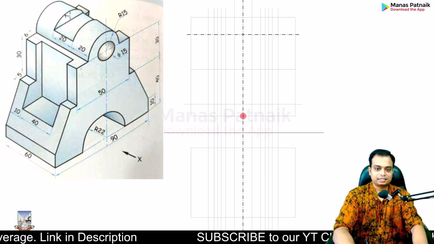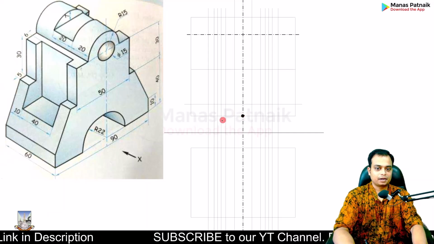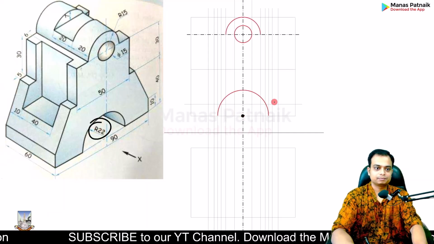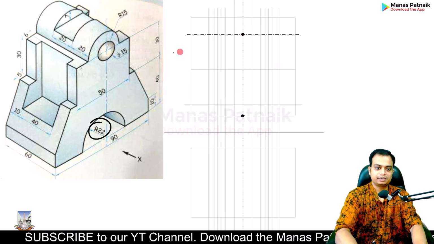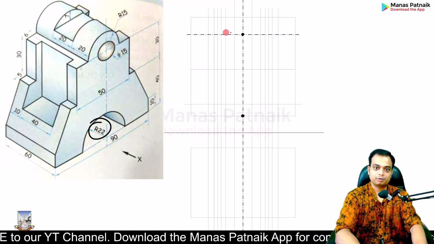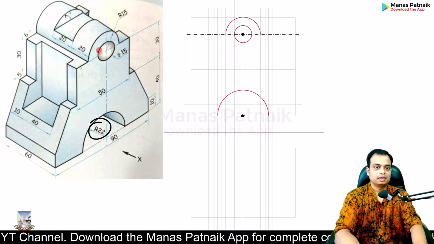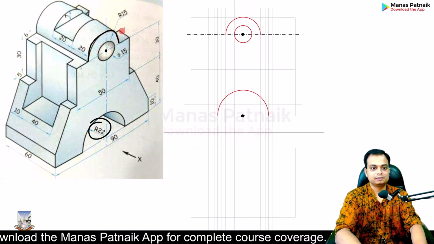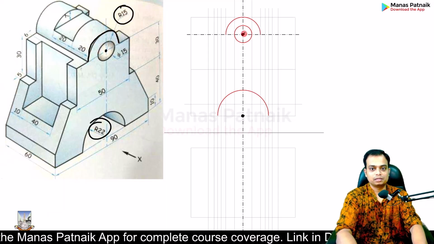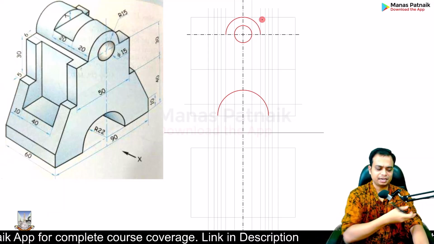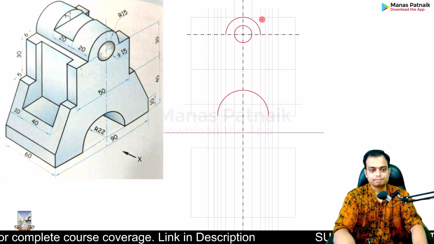This is the center, and taking this as the center and the radius as 22, you can make this semicircle. Easy. At the same time, this is the center and the diameter is 15. Radius is 7.5. Smaller circle. At the same time, this is the center and the radius is 15. Done. Circular profiles can be created rather easily.